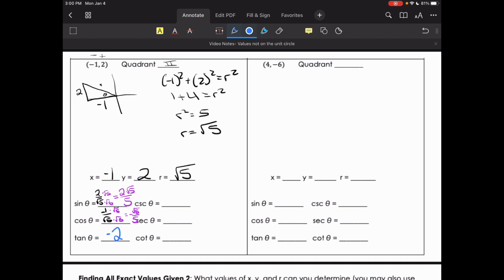Now, to get the reciprocal of these, I want to look at what I set up before I rationalized. So I have the 2 over the square root of 5. So taking the reciprocal of that, I would have the square root of 5 over 2.